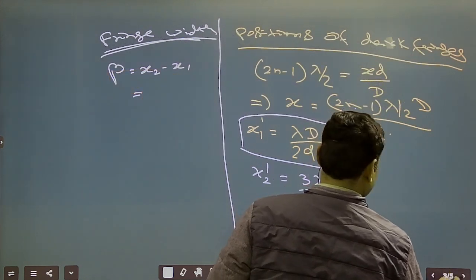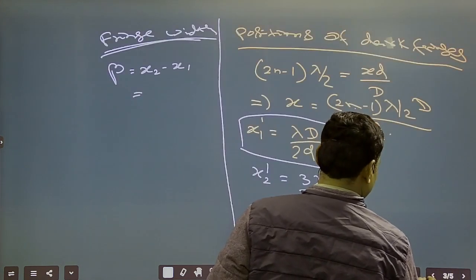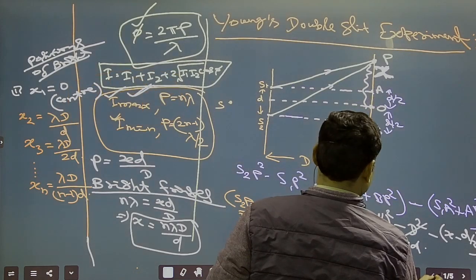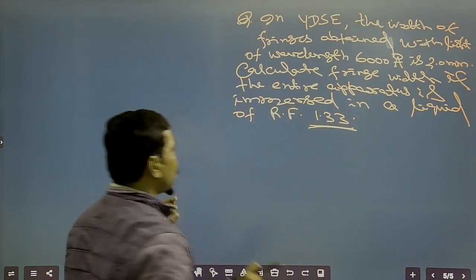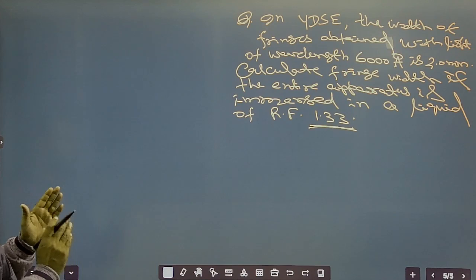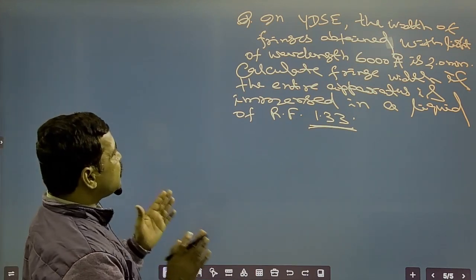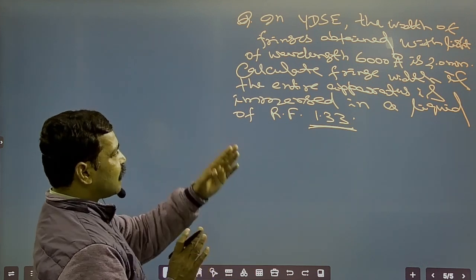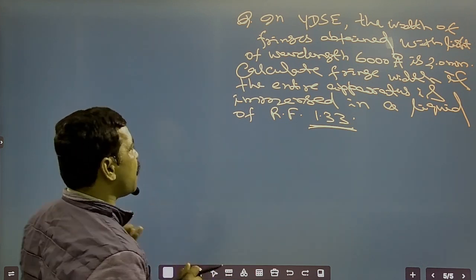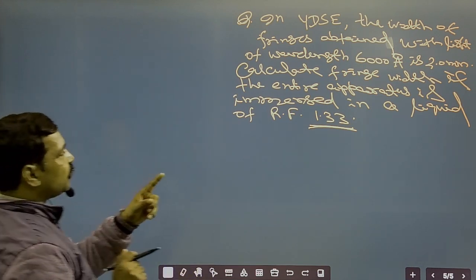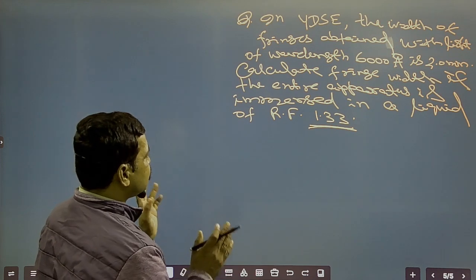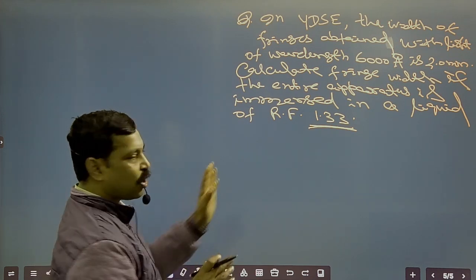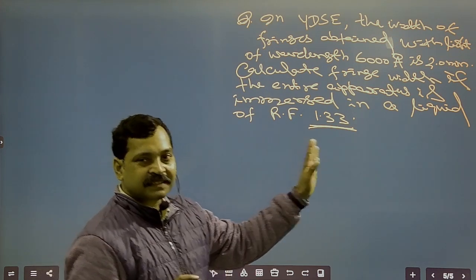Now you see how to solve this question. Suppose we are getting this question: in Young's double slit experiment, the width of fringes obtained with light of wavelength 6000 angstrom is 2 mm. Calculate the fringe width if the entire apparatus is immersed in a liquid of refractive index 1.33.